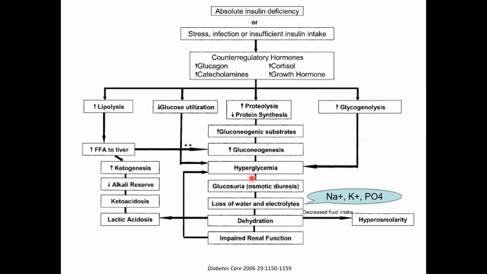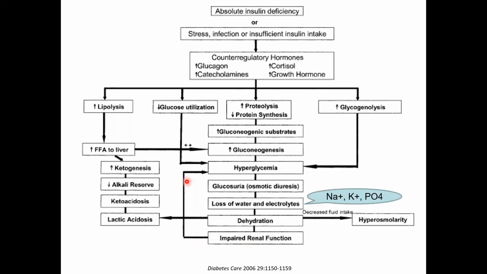With this increased blood glucose, we end up with loss of glucose in urine, and that results in an osmotic diuresis. This is usually accompanied by a loss in electrolytes and subsequent dehydration. Of course, with dehydration, there's the risk of impaired renal function.